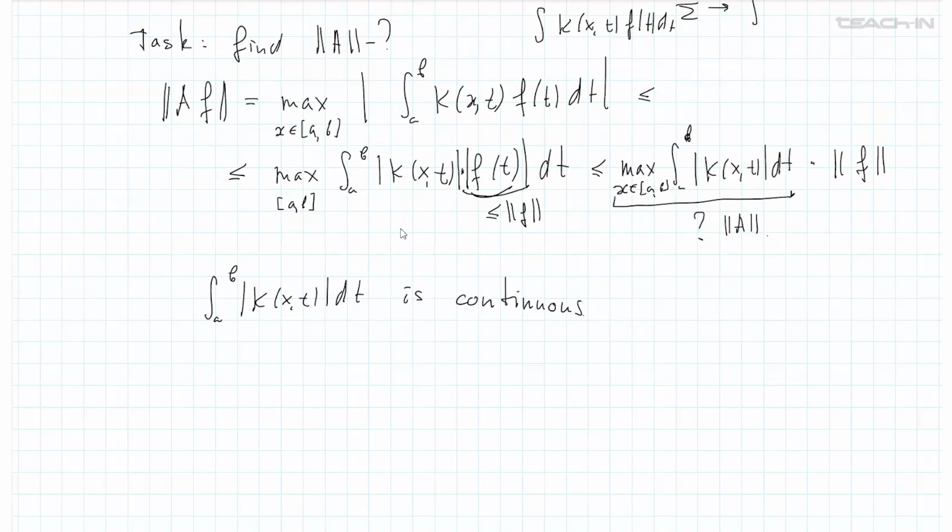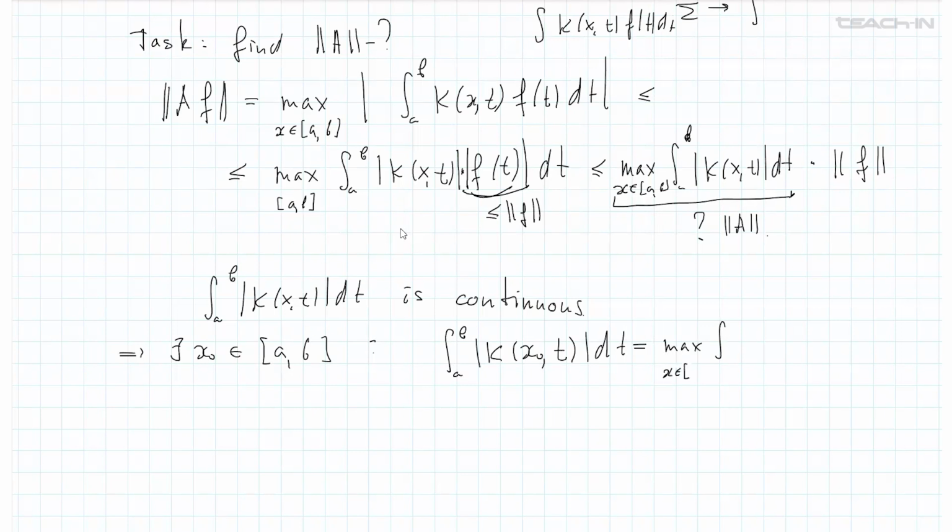Then there exists such a point x0 from the interval [a,b] such that this integral with the fixed point x0, k(x0,t) dt, gives us the maximum, because we work on a compact, and any continuous function on a compact has its maximum and minimum value.